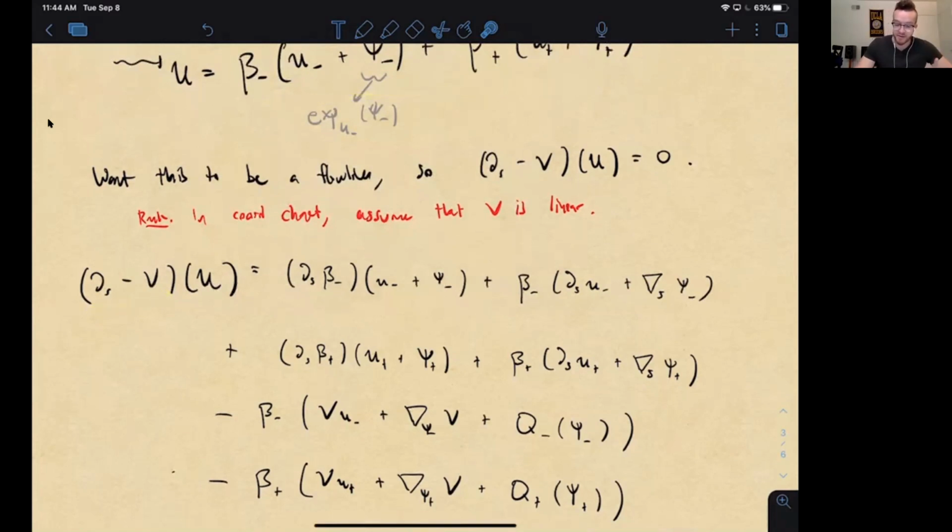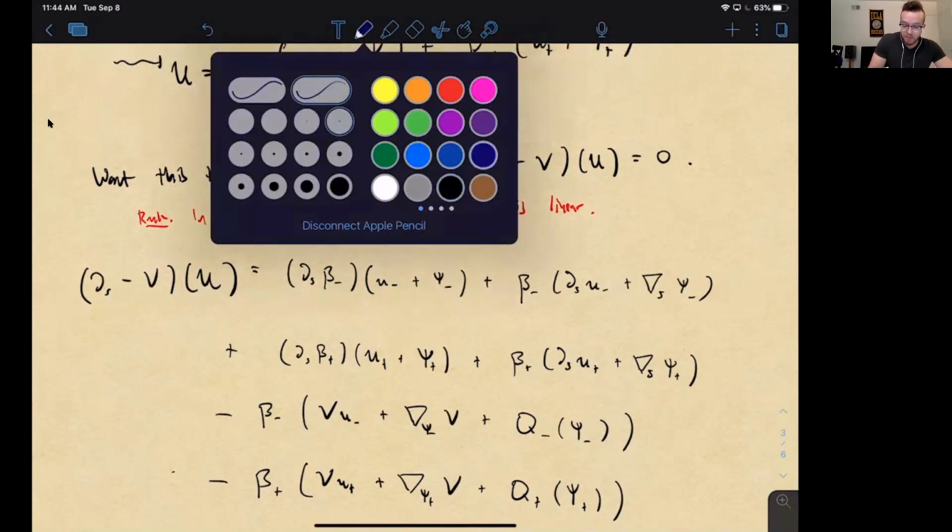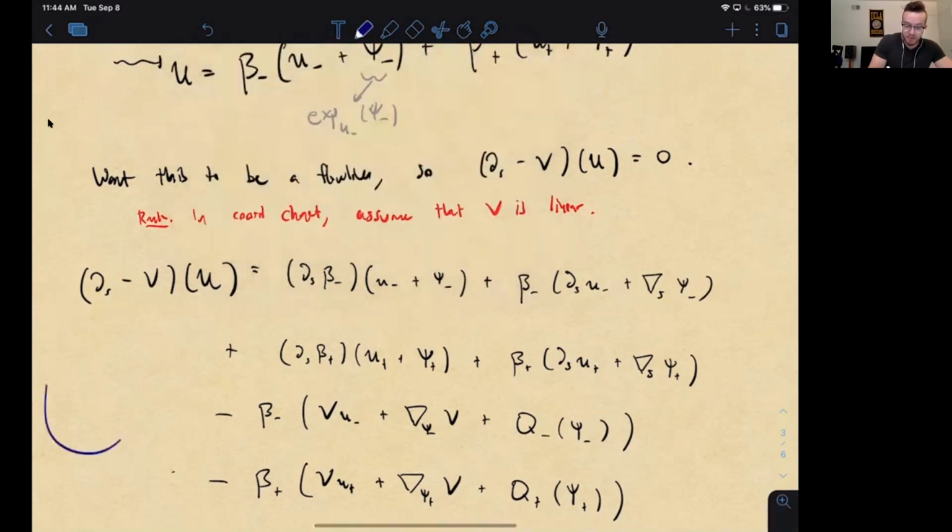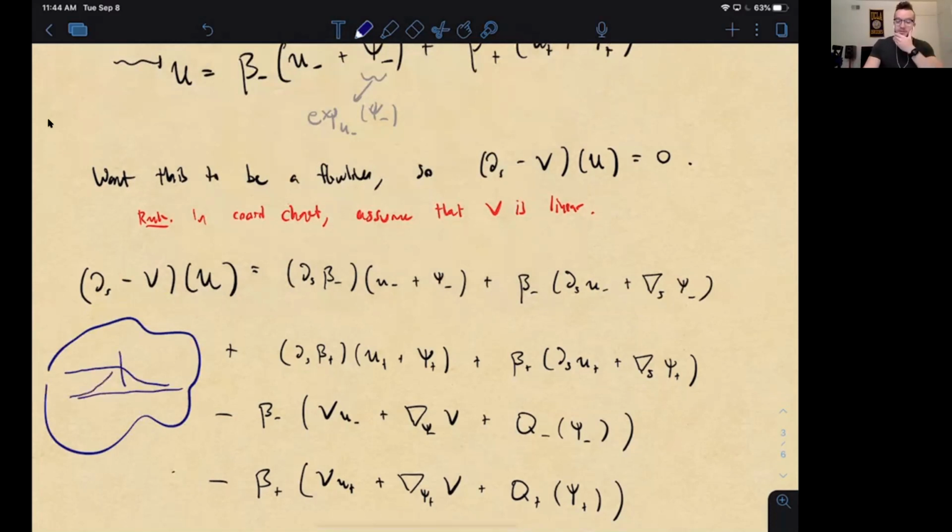Now, the next thing that I can do here, so beta minus, just to remind you, beta minus was 1 for all negative numbers, and beta plus was 1 for all positive numbers. So if you look at this term, for example, the support of the derivative of beta minus is all positive numbers.